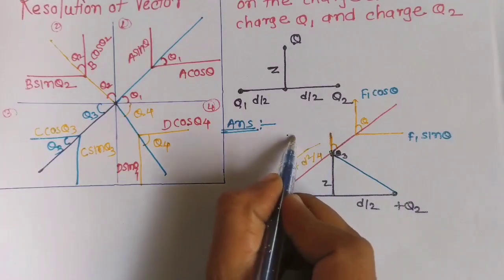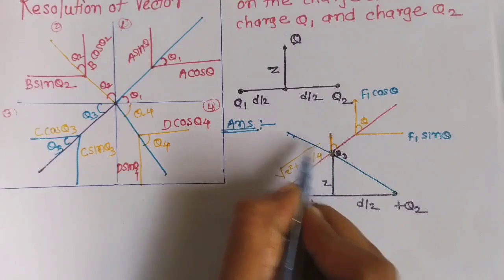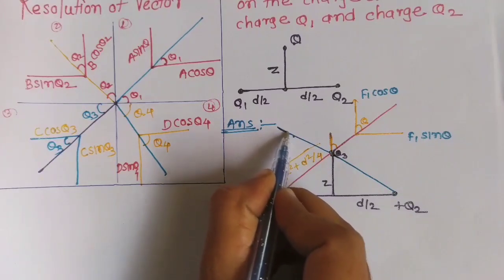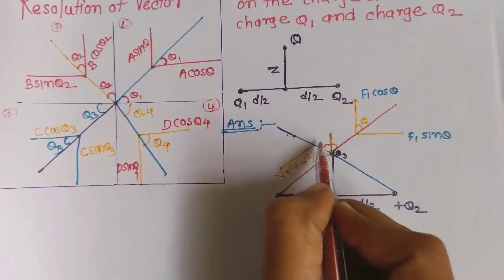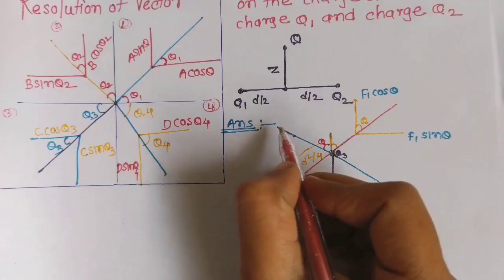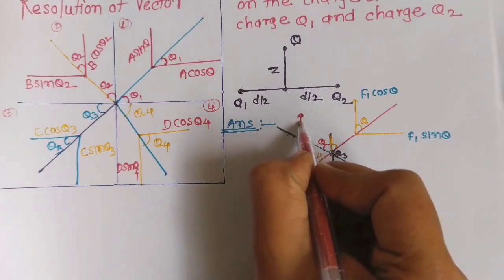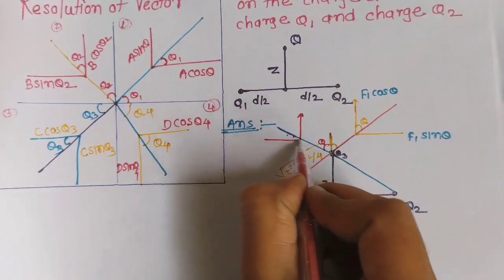Similarly, we find the force on charge Q3 due to charge Q2. They both have the same polarity, that's why they repel, and the direction of the force is away from the charge. This force component is resolved into two components.